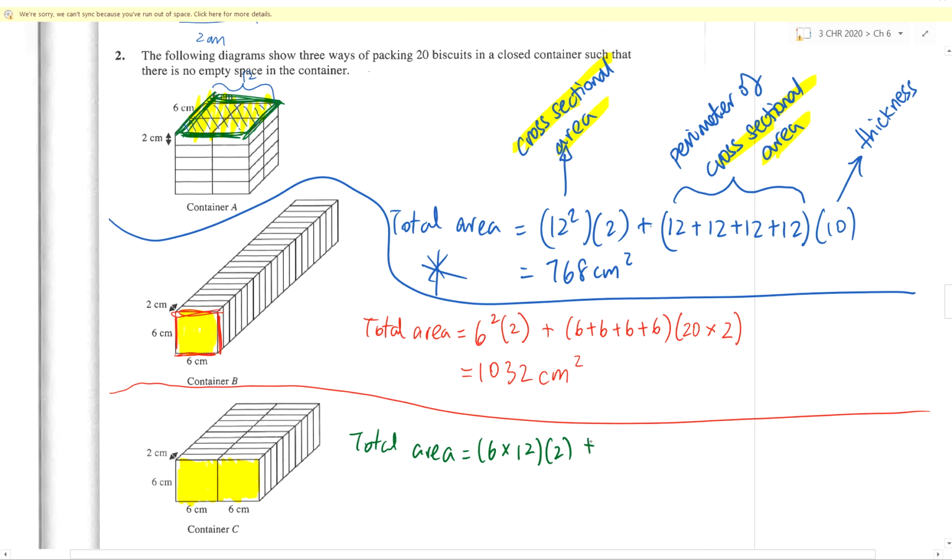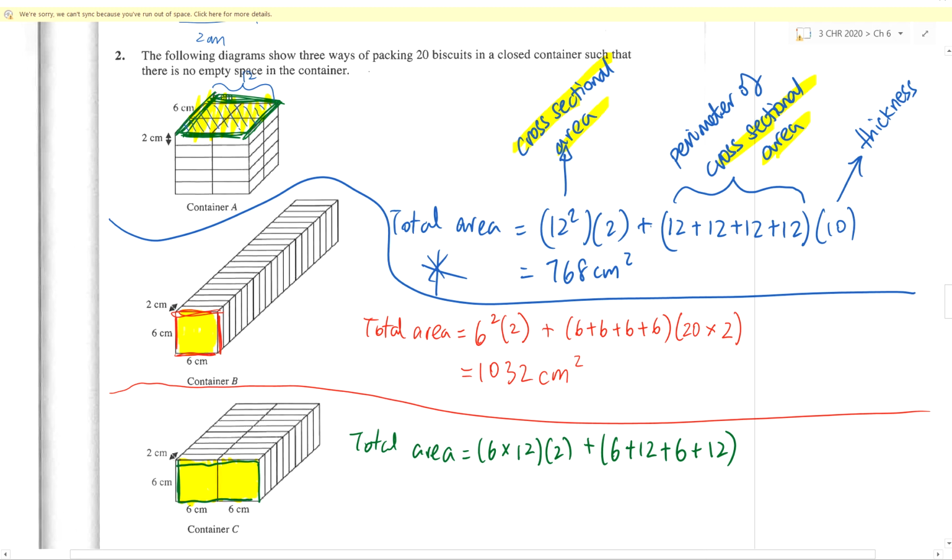And now, I need to add the perimeter of the cross-sectional area. We have already highlighted the cross-sectional area. So this is my perimeter. 6 plus 12 plus 6 plus 12. Finally, we need to multiply this by the thickness.